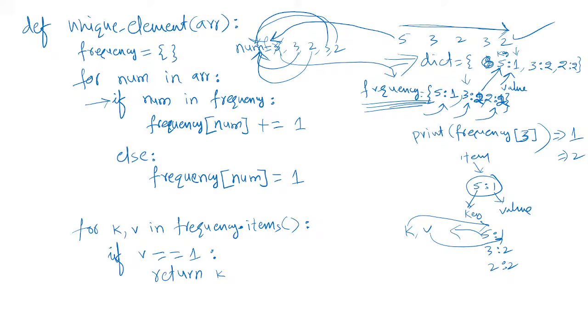It returns each item from the dictionary. Now you check its value: if v is equal to 1, you return the k value, which is the unique element. Let's run this. For this array it is returning the unique element 8.